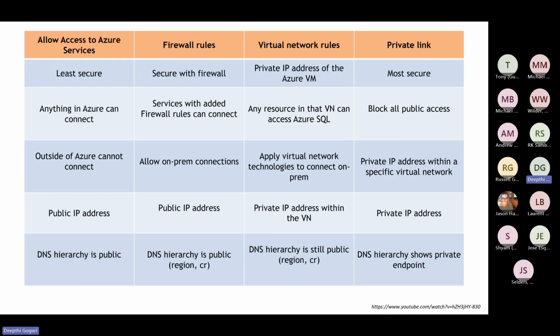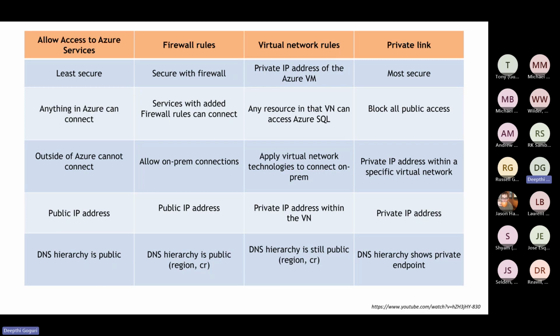But one virtual network will have a rule on top of it, and our database will be connected to that virtual network. So there is only one rule that we will be creating, and it will have the private IP address, but still some of the information, like the control ring information and the region where the database is hosted, is still visible when you do the NS lookup. So it's not purely secure.